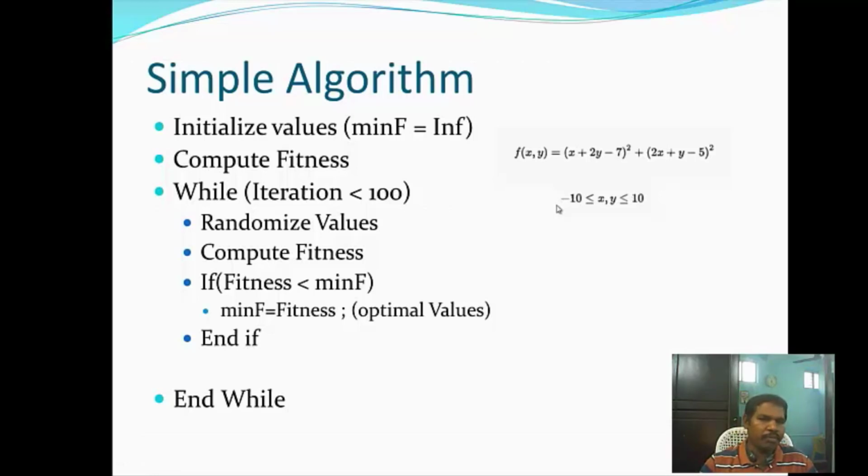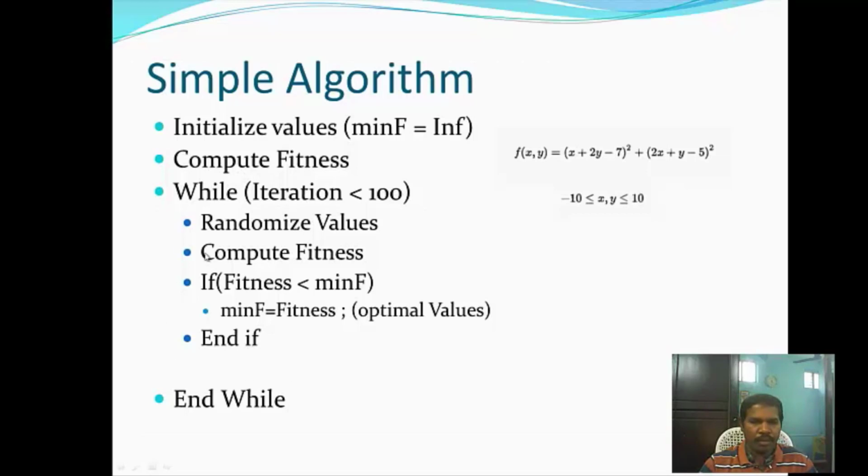So how have we implemented the algorithm? First of all, we initialize the value. We assign one variable, minimum of fitness or min f, equal to infinity, because here it's a minimization algorithm, so the initial value is very high. Then for a random x, y value between -10 and 10, we compute the value of fitness f.